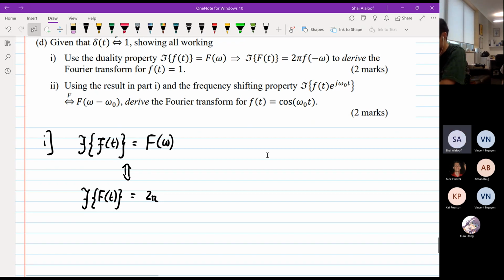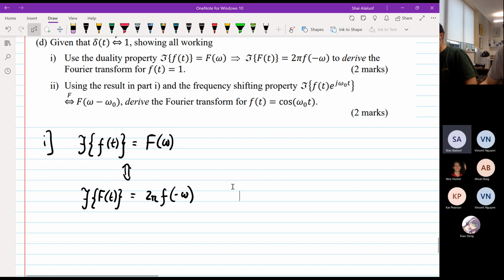You've got a function in t, you Fourier transform it, you end up with a function in frequency called capital F of omega, right? This implies that if you've got capital F of t, that is, you've got the Fourier domain signal, and you just replace the omega with a t, so you end up with something with respect to time. If you Fourier transform that into the frequency domain, all you get is the original lowercase f of minus omega with a factor of 2 pi out the front.